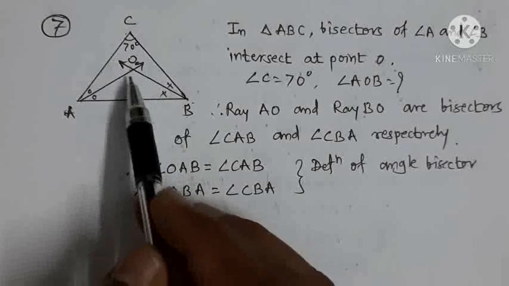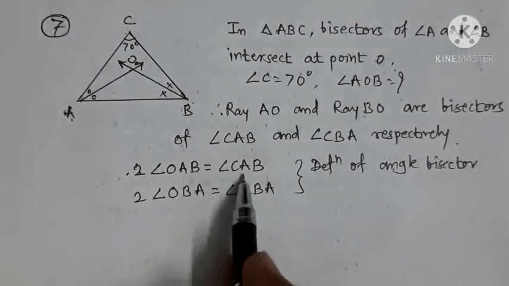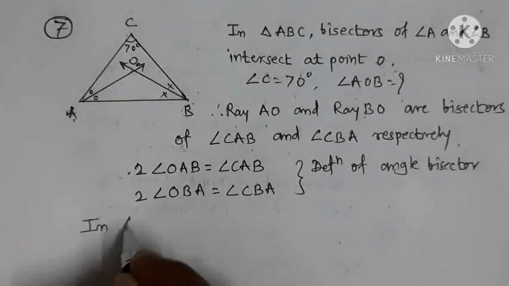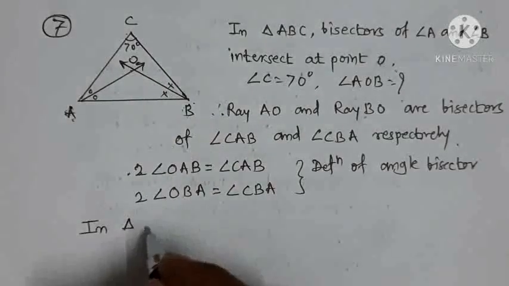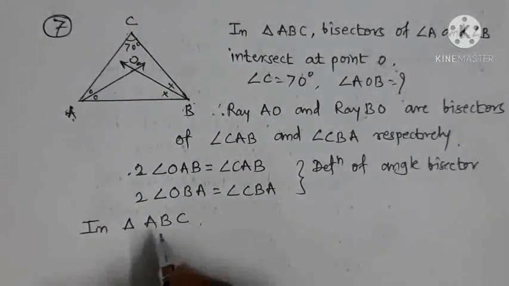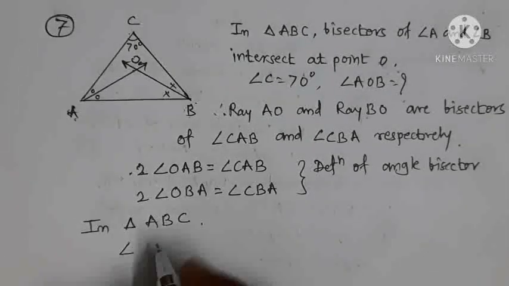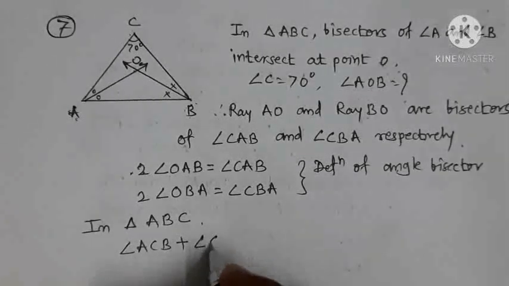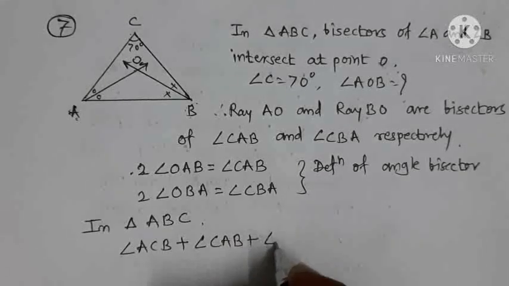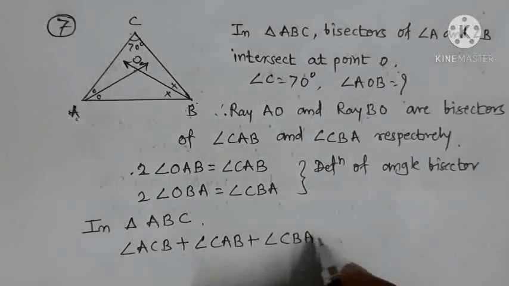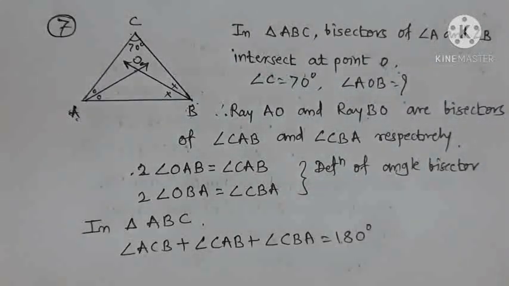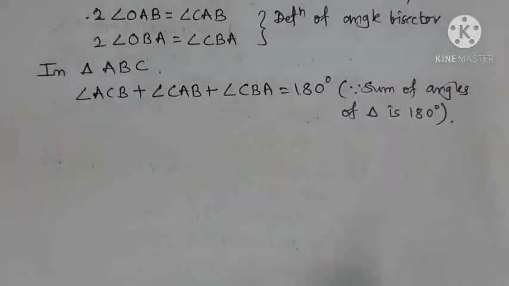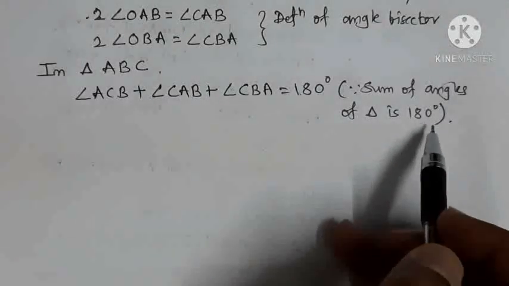Therefore, angle CAB is equal to 2 times of angle OAB. या पद्धतीने हे दोघे इक्वेशन घेतले. या पद्धतीने आता in triangle ABC, therefore, angle ACB plus angle CAB plus angle CBA is equal to 180 degree, because sum of the angles of a triangle is 180 degree.